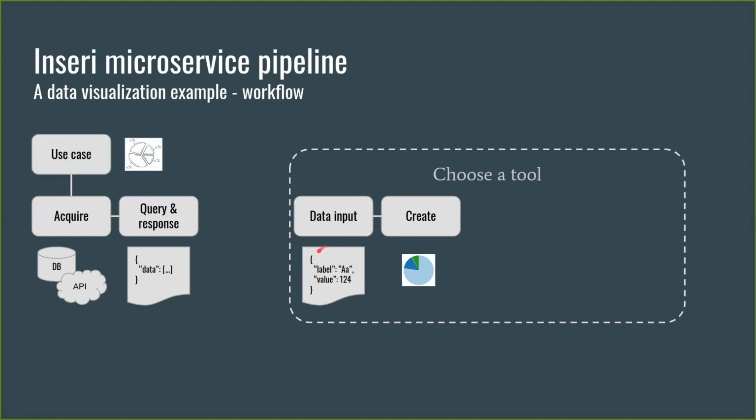And what you need here to create the chart will most likely not be the same as what you get from the database. So you can start to write a transformation from your response to the needed data input.